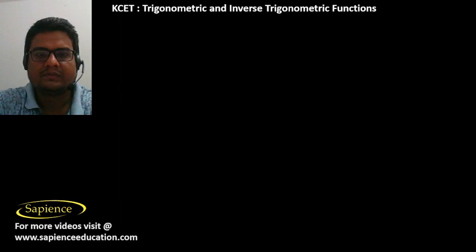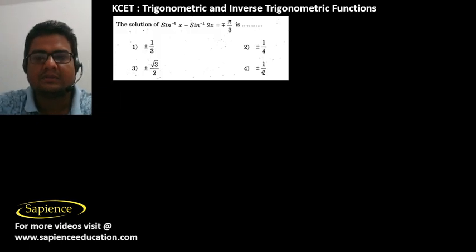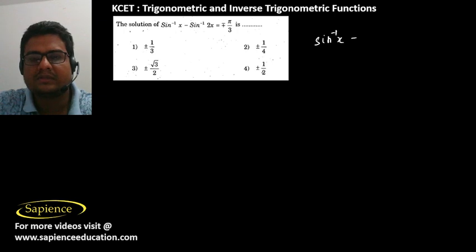Then we have to find the solution of this equation. It is written sine inverse x minus sine inverse of 2x is equal to minus or plus pi by 3.